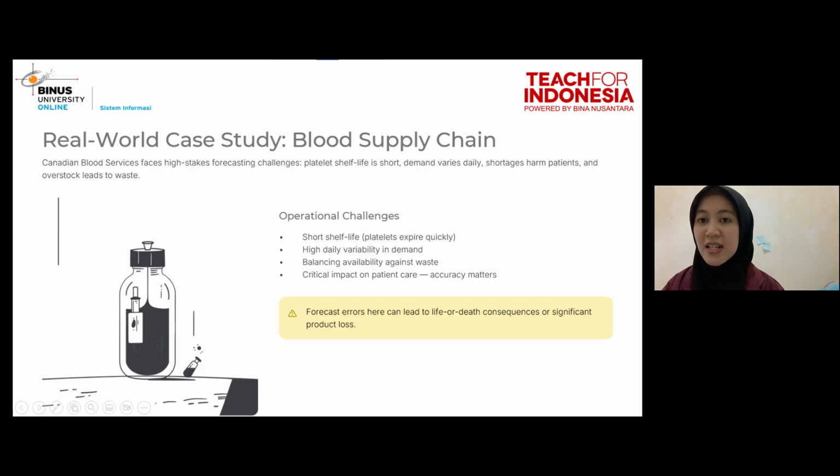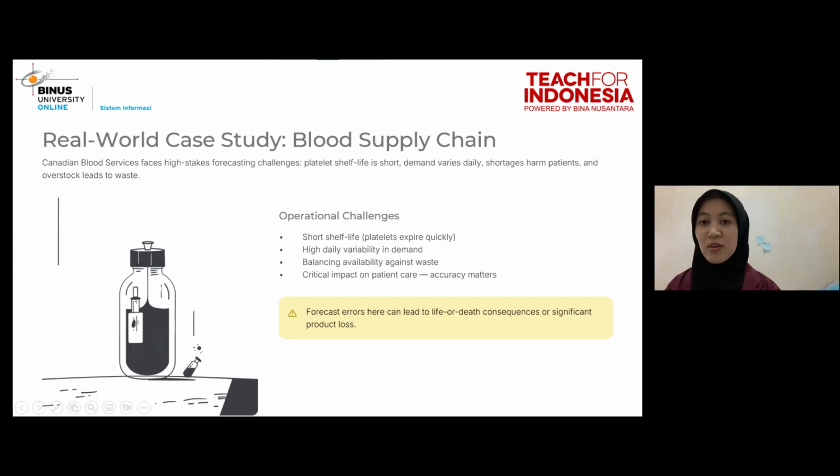So, if demand is underestimated, hospitals may experience shortages that directly affect patient care. If demand is overestimated, valuable platelet products may expire and be discarded. This makes demand forecasting not only an operational issue but also a critical healthcare challenge.